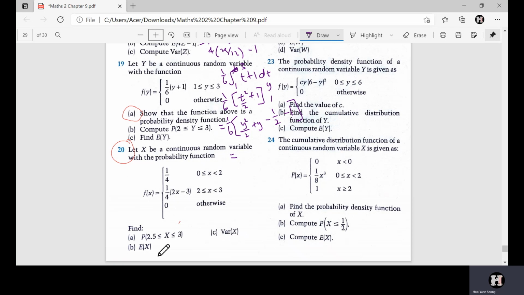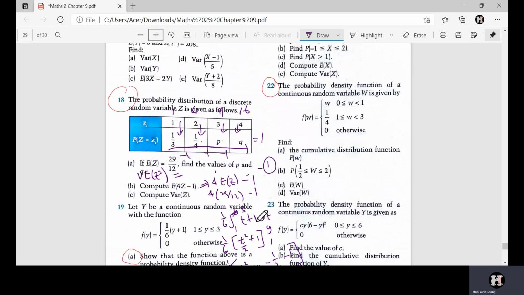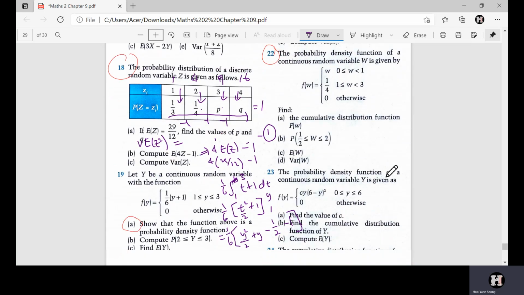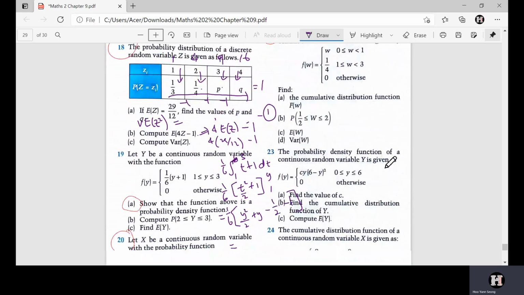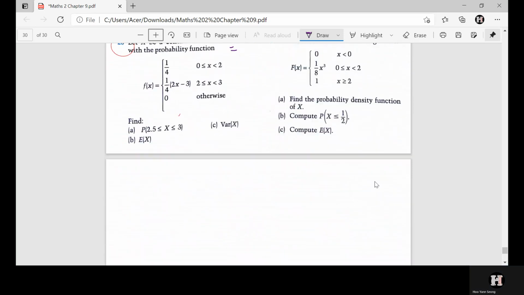Then expected value and variance are just like the previous one. Okay, this one, the cumulative. Oh, I know why I chose this one, I suddenly forgot.